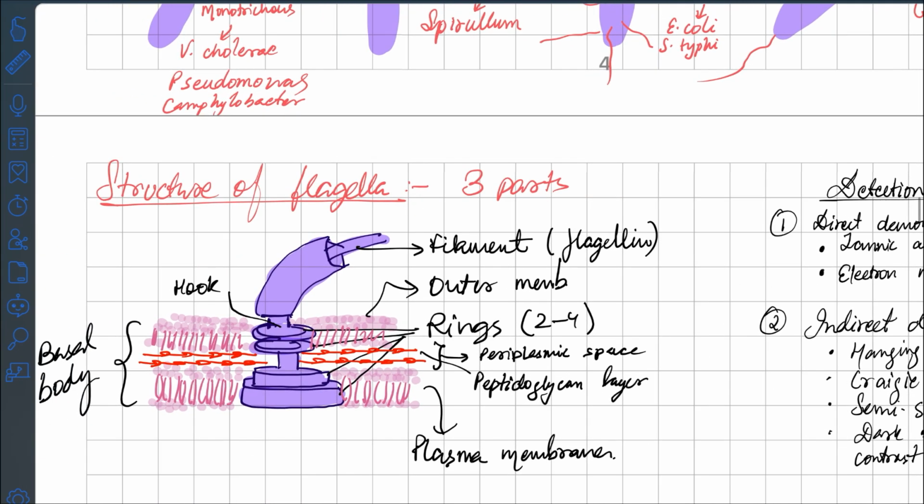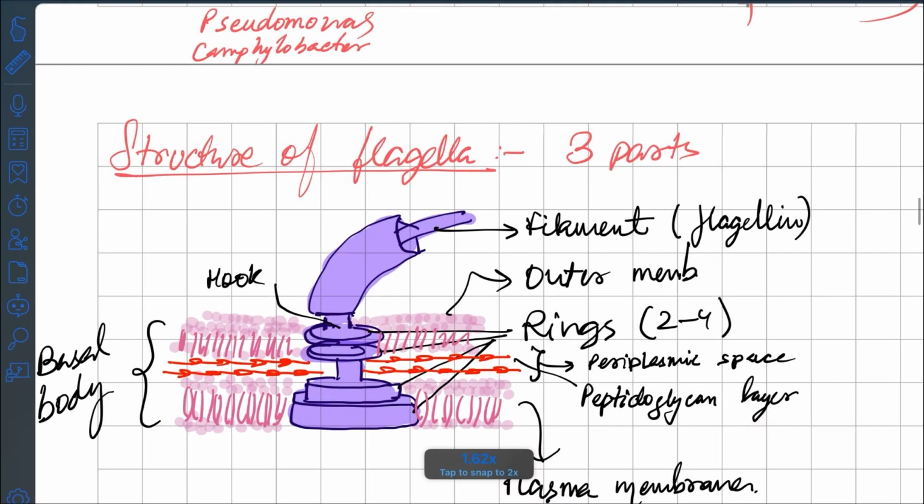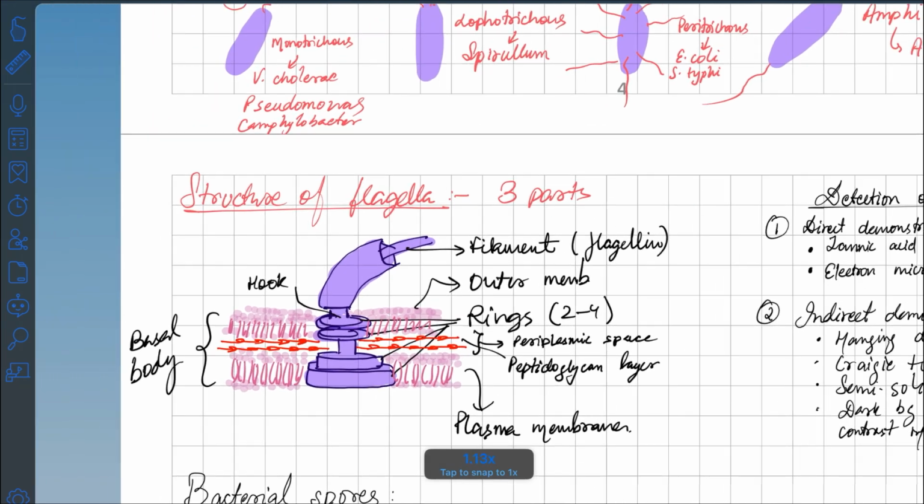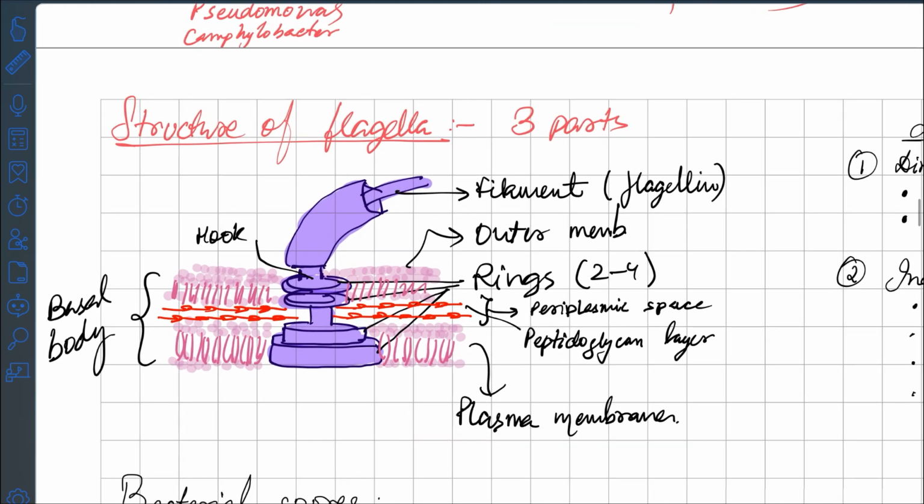Now let's look into the structure of flagella. Flagella actually consist of three parts. They are the basal body, the second one is the hook, and the third one is the filament. These three structures altogether make a flagellum.